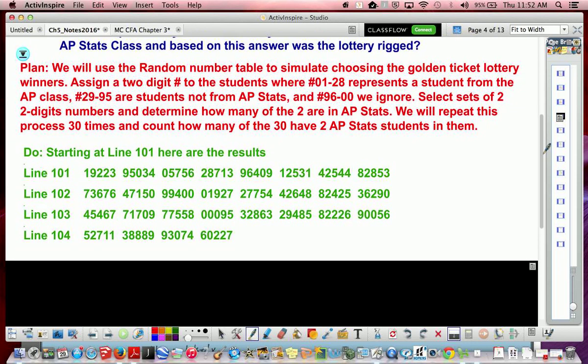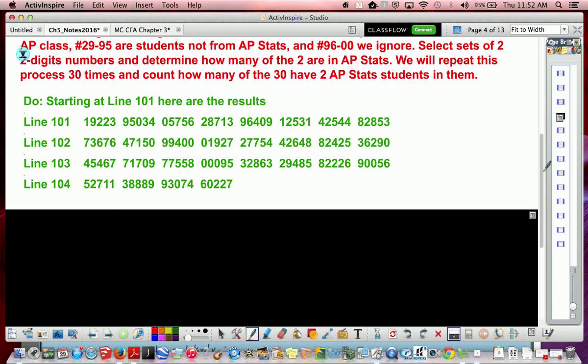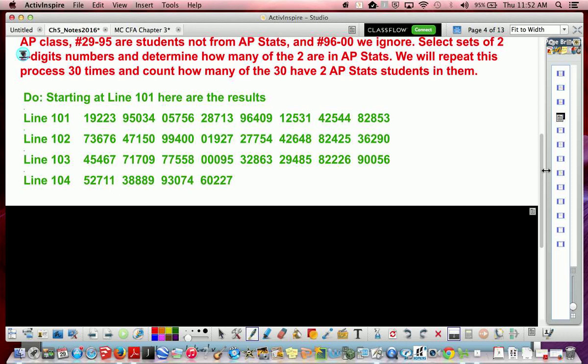Move the numbers up a little bit so it's a little easier in the back to see it. I'll give you a little bit of time. I know it's a lot of numbers to write.